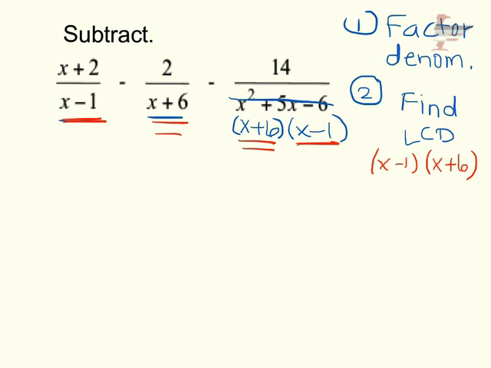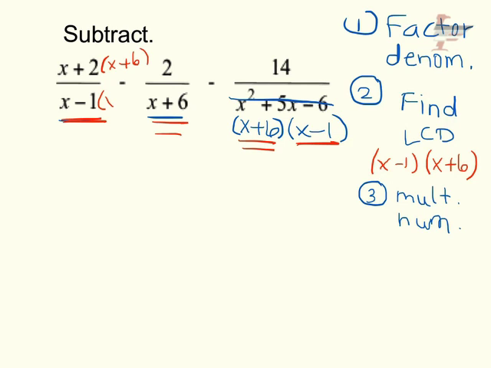Then the third step, after you find your LCD, is to multiply the numerators by what they're missing from the LCD. The first one has an x minus 1, but it's missing the x plus 6, so I need to multiply it times x plus 6.